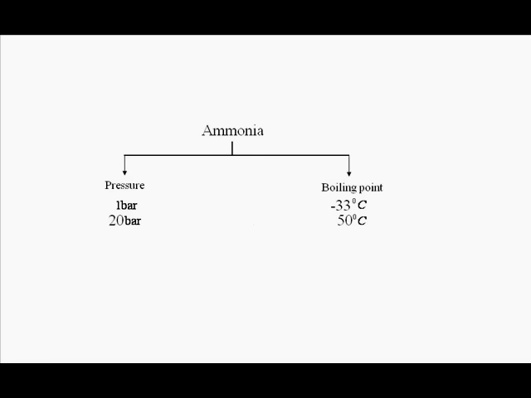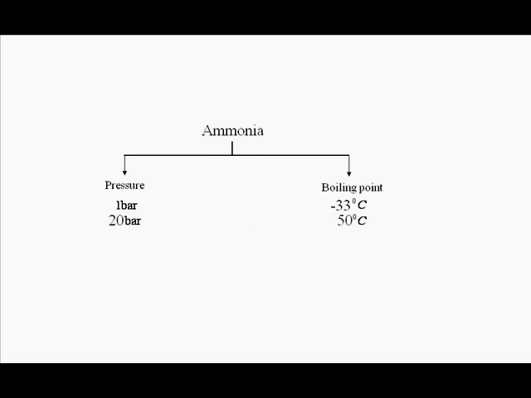Now let us take an example of ammonia. Ammonia at 1 bar pressure boils at minus 33 degree centigrade. Means in case the pressure applied over ammonia is 1 bar, then the boiling point is far below the freezing point of water.